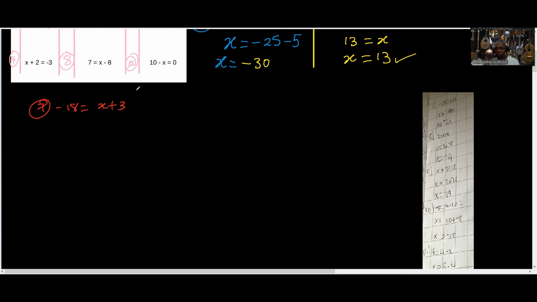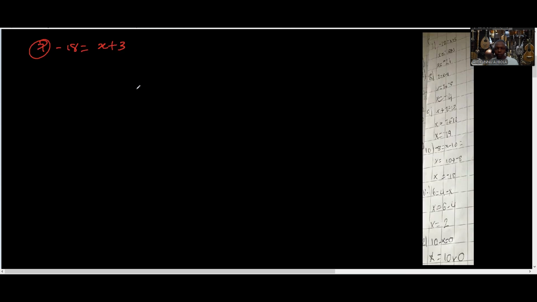But the 3, is it positive or negative? Positive. So when it's going to meet negative 18, it will become negative, right? Good. So it will now be negative 18 alone, then negative 3, then x is outside. So negative 18 and negative 3 gives us negative 21, right? So x is negative 21. Did you get negative 21?